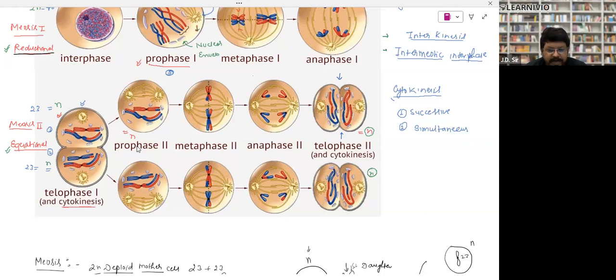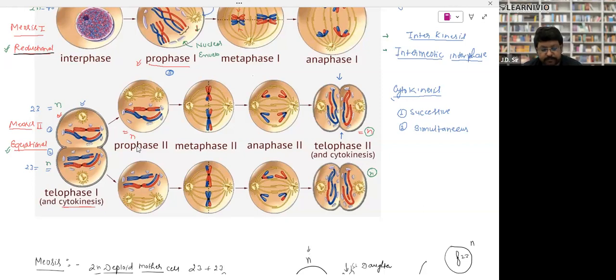In metaphase second, the chromosomes arrange themselves at the equatorial plate.